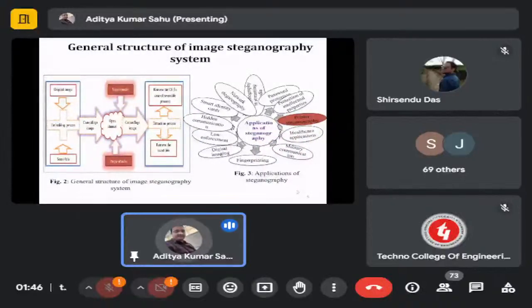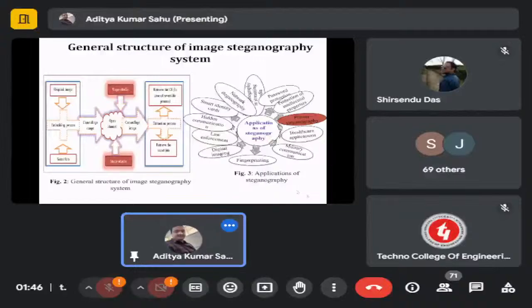Now, the whole graphical abstract for a steganographic system is like this. We have an original image, the left side image I am discussing, and we have some secret information, and these two will be embedded. This information will be embedded in the image, producing a camouflage image, which will be transmitted through an open channel to the receiving end.